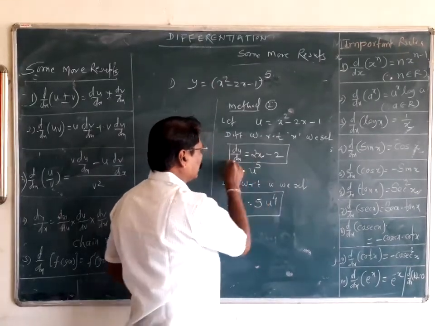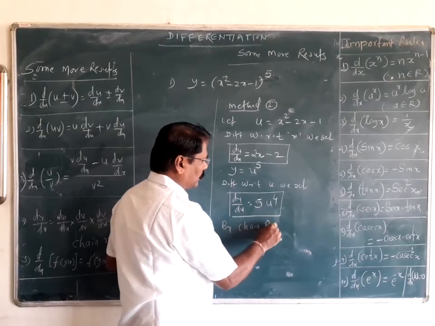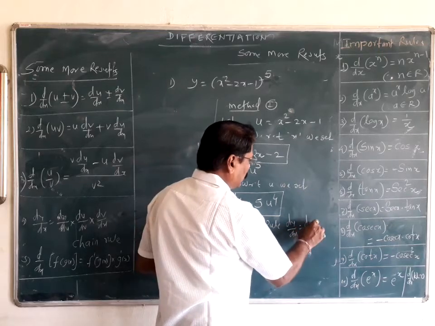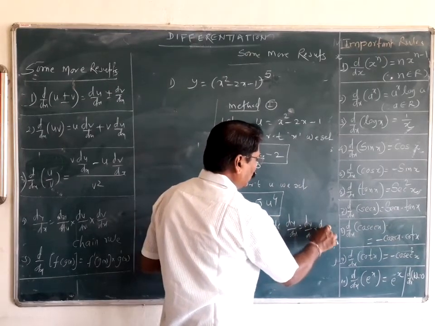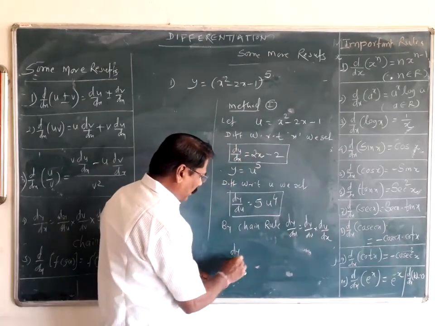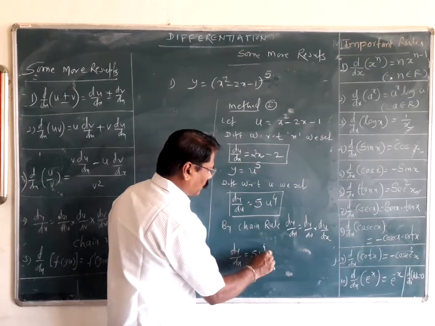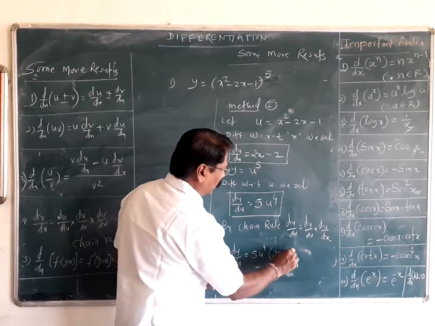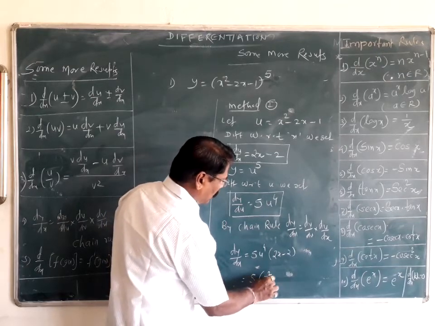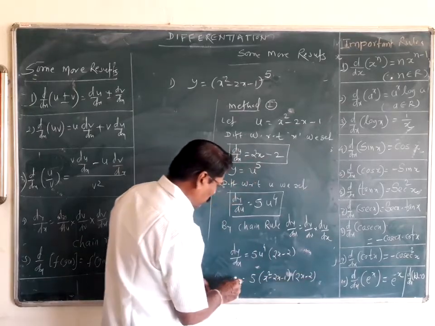Then by chain rule, dy by dx is dy by du into du by dx. That is dy by dx is 5 u raised to 4 into 2x minus 2. That is finally 5 (x square minus 2x minus 1) raised to 4 into (2x minus 2).